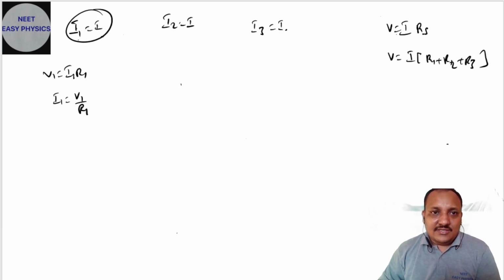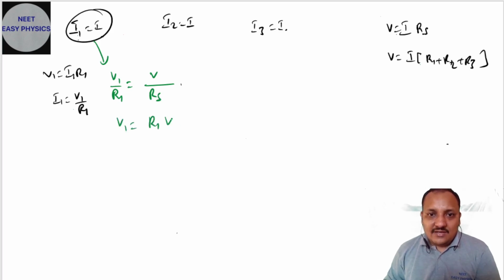So substitute in this. What is I1 now? I1 is V1 by R1. What is I now? I is equal to V by Rs. Therefore, V1 is equal to R1 V by Rs, that is R1 V by R1 plus R2 plus R3.